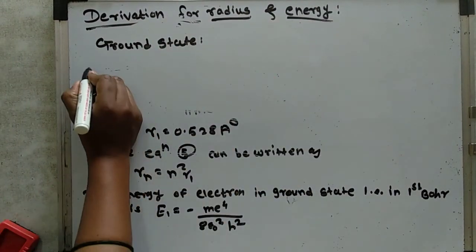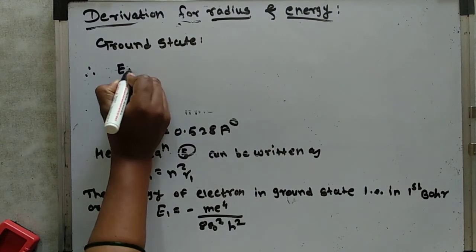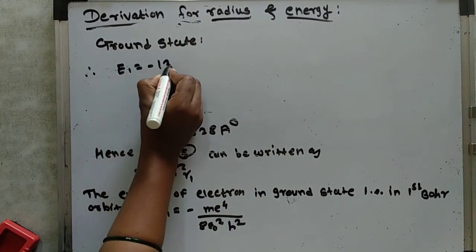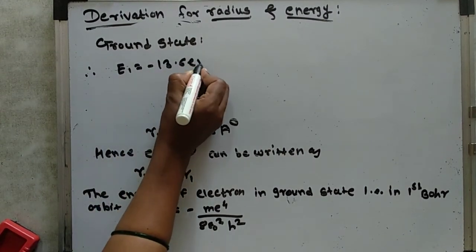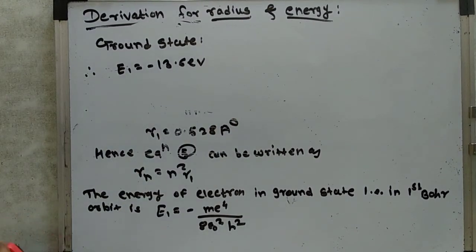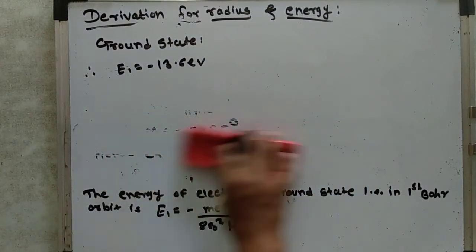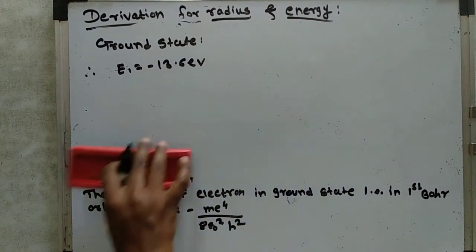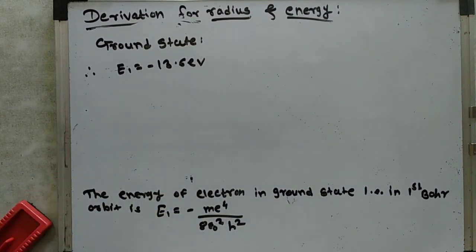What is E1? E1 is equal to minus 13.6 electron volt.